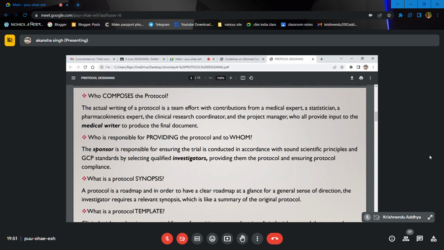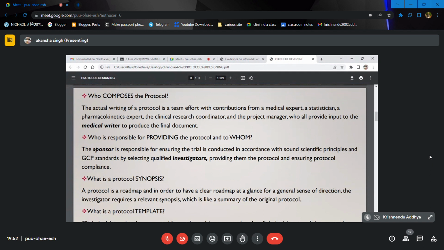It should have what gender you are focusing on, what sample size you are taking, what age group, what socioeconomic background or health status, what geographical location of subjects you consider, and what duration the study will take. What will be the primary and secondary outcomes to measure.